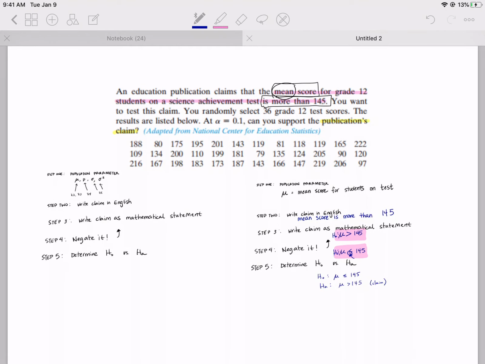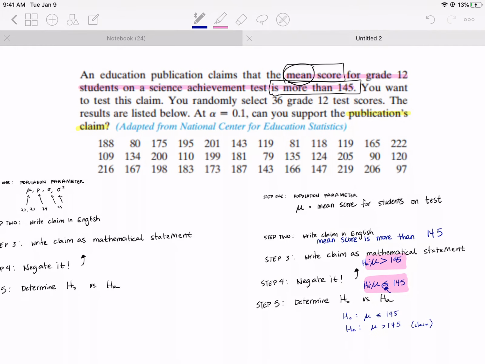By the way, I want to point out that we usually enter statistics into our calculator when we're performing hypothesis tests. However, here we are given data.